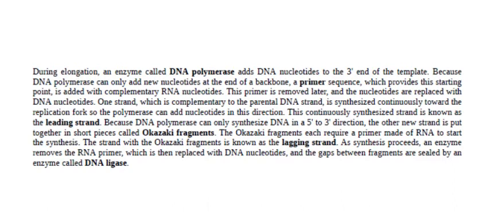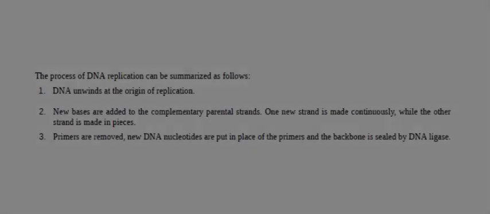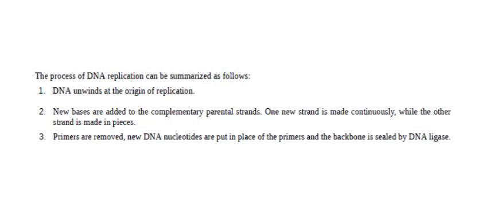As synthesis proceeds, an enzyme removes the RNA primer, which is then replaced with DNA nucleotides, and the gaps between fragments are sealed by an enzyme called DNA ligase. The process of DNA replication can be summarized as follows. 1. DNA unwinds at the origin of replication. 2.